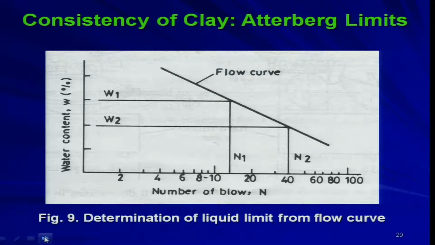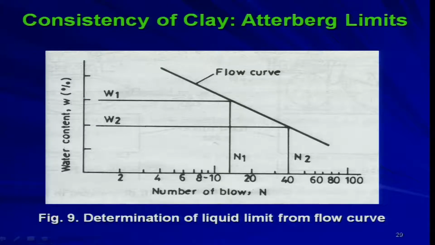You take some soil sample, and you mix different amounts of water, that means you are varying the water content, and then you put that sample in the standard liquid limit device, and then you cut the groove with the standard tool, and then you give the blows, and then you observe the flow of the groove, that means the groove touching each other.